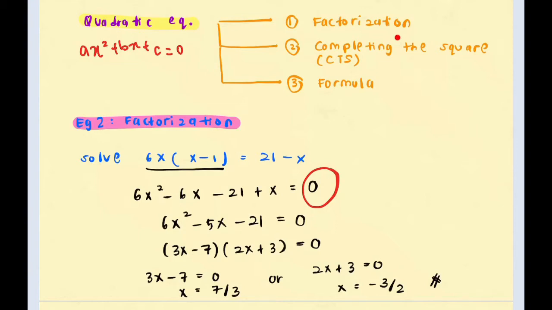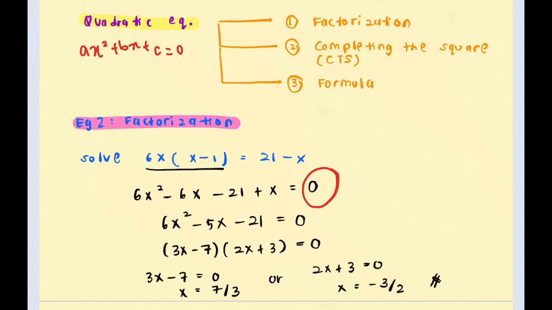Okay, and if you got decimal, you need to use the formula. So let me show you here. This is one question. Alright, you cannot see this is quadratic yet, but when you expand it, you'll see that the highest power is power of 2.